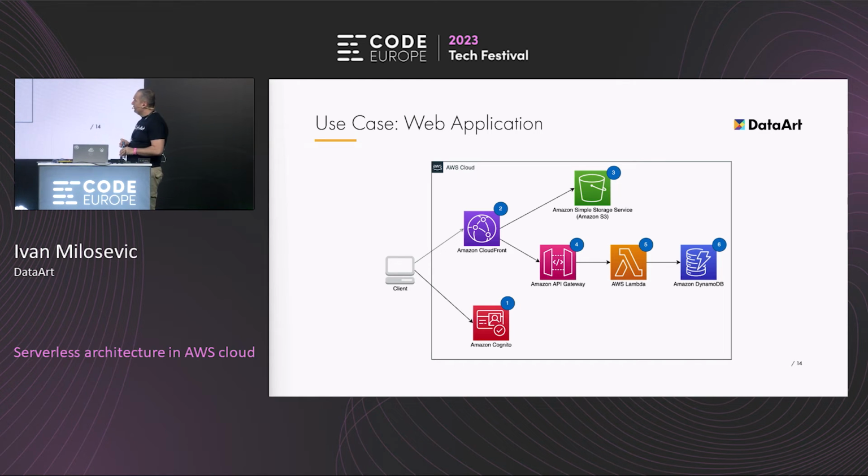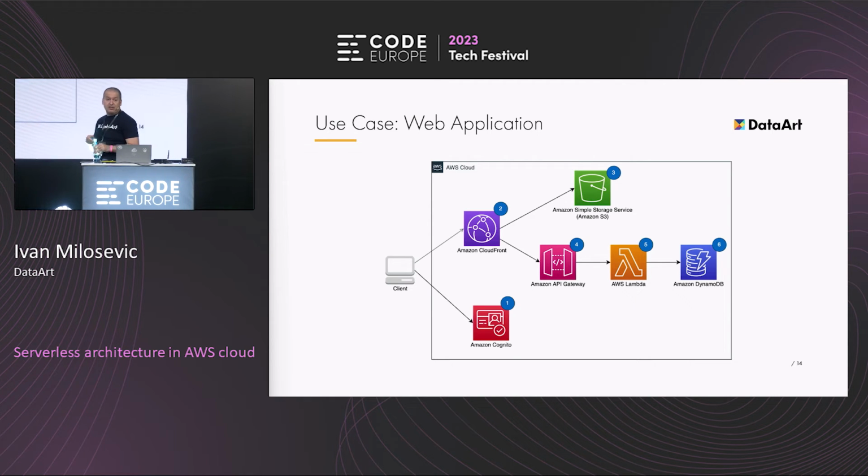Okay, finally diagrams. So no more of these bullets and everything. So this is a typical use case for the web application, where you have some fixed objects, for example, profile pictures or whatever, stored in the AWS storage service, S3. And that static part is exposed via Amazon CloudFront.